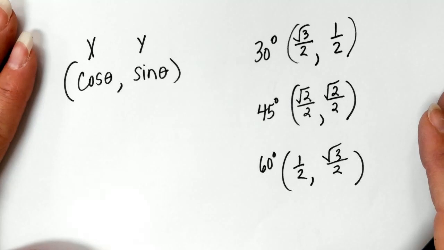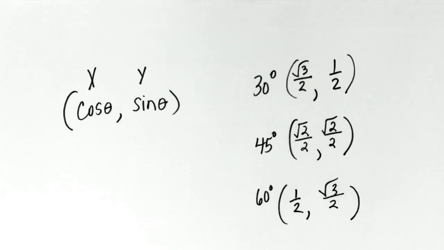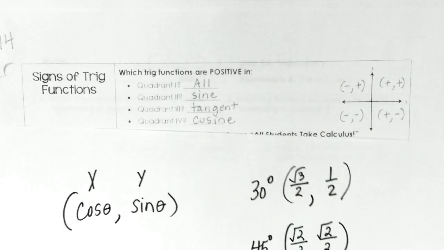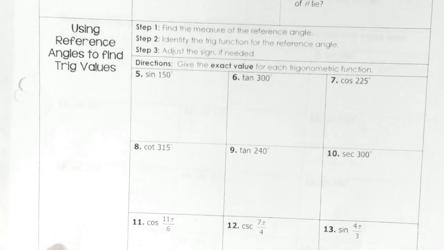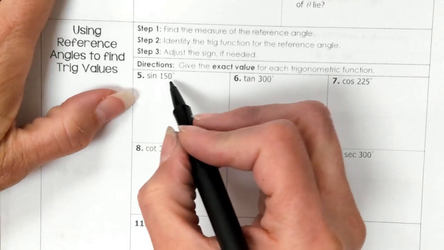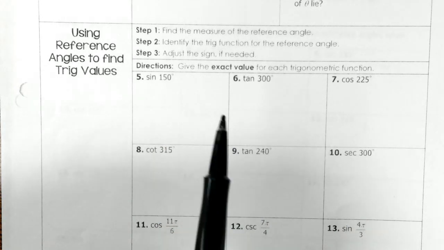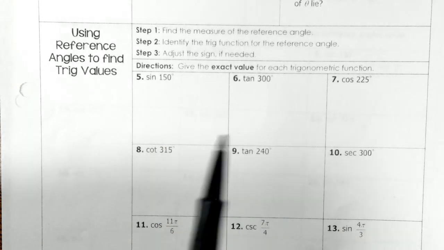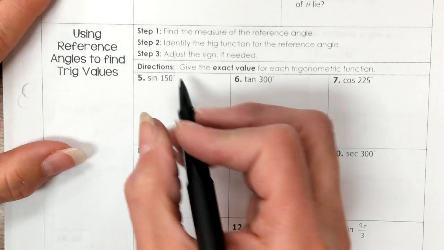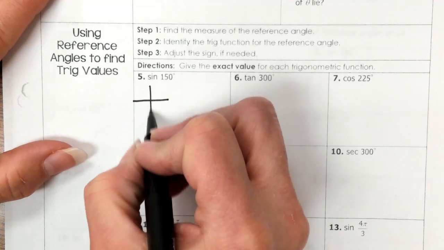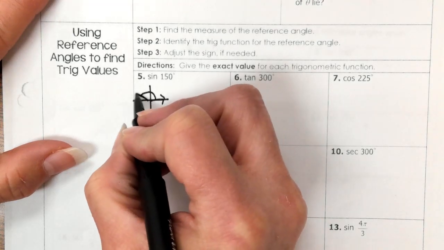Okay? Now, I'd like us to now answer some of the questions on page 14. So I started the class looking at number 5. And if we look at problem number 5, it's a 150. Now, I'm not going to go and refer back to that unit circle, okay? Feel free to look if you would like to, but I'm going to think about where is a 150. A 150, if I'm thinking about its location, is in here.